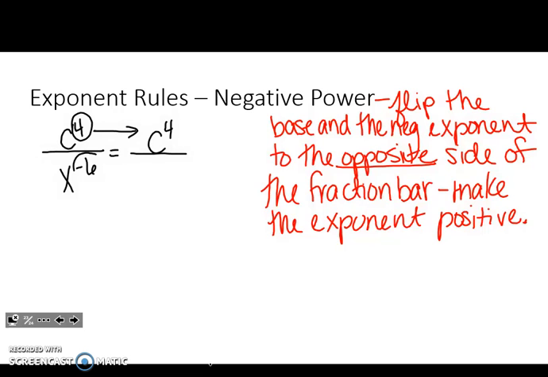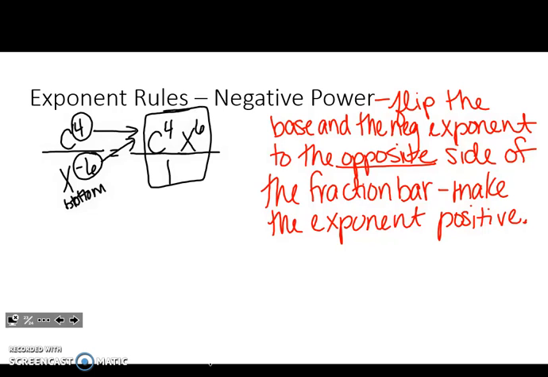But since x to the negative sixth is negative, we have to put it on the opposite side of the fraction bar. So since it was on the bottom before, it needs to move up to the top in order to become positive. Then since I don't have anything on the bottom, I'm going to put a placeholder of 1.